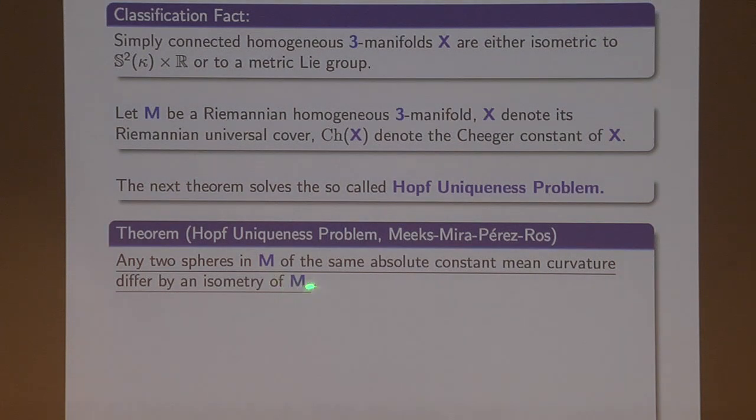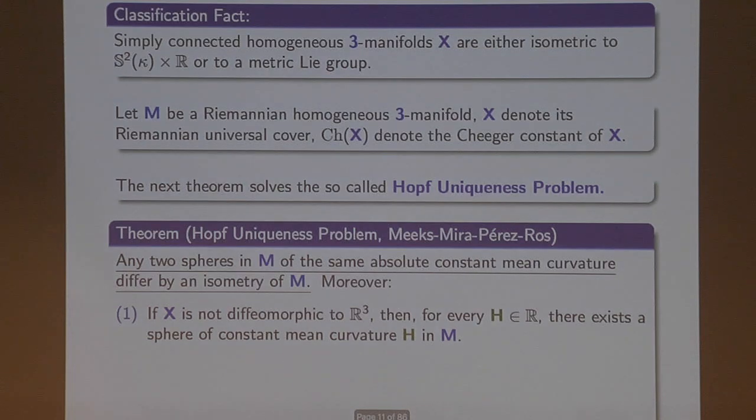Can you have more than one? The answer is somehow no, up to translations or congruences. And then you'd like to say, what are the values where you obtain constant mean curvature spheres? That's the existence part. So the first part is uniqueness, and the second part is existence.